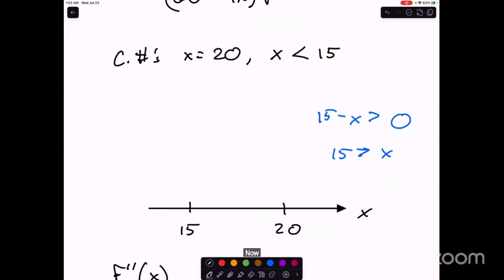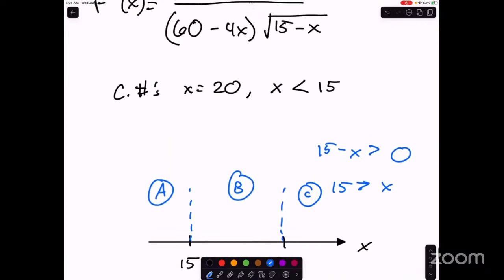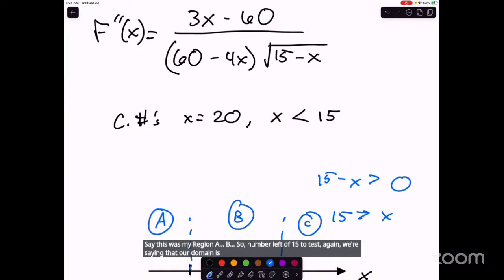Now, these aren't official. I'm just kind of playing around a little bit here. Say this was my region A, this is my region B. Number left of 15 to test, again, we're saying that our domain is x strictly less than 15.